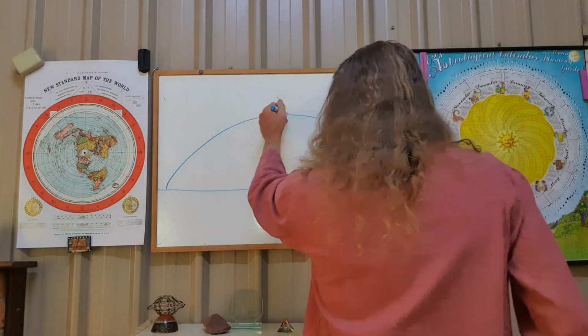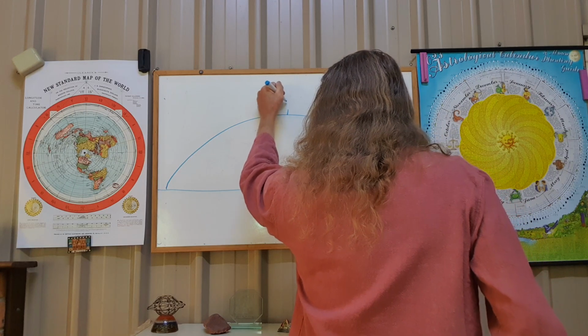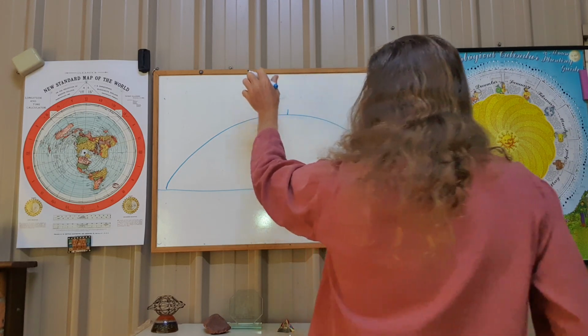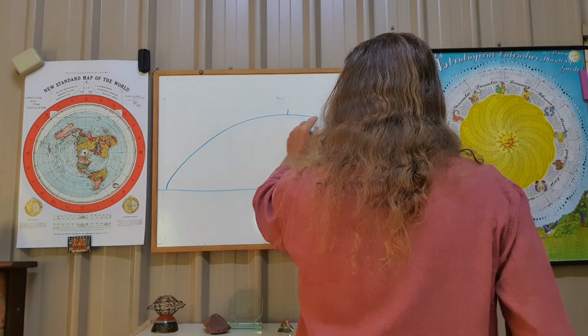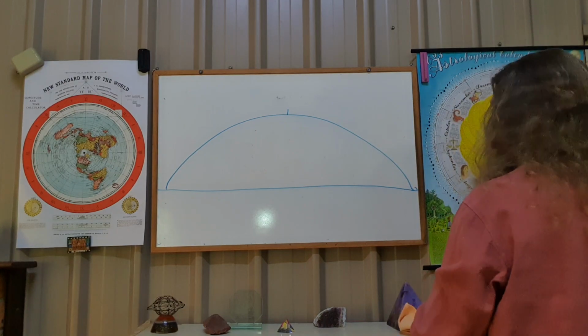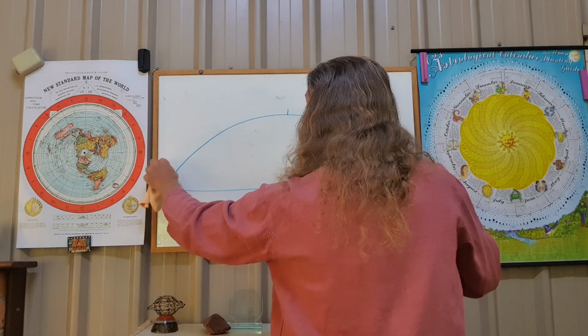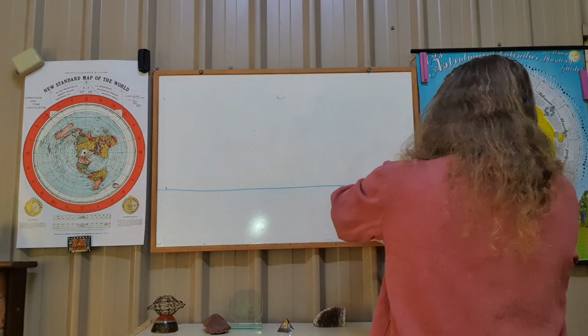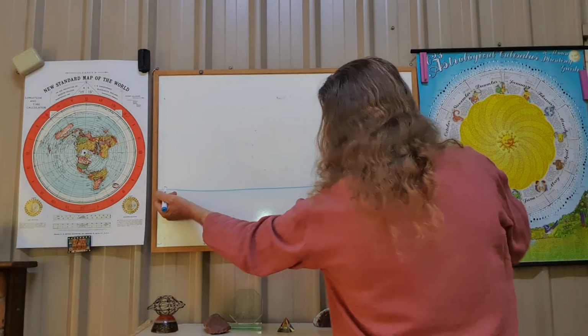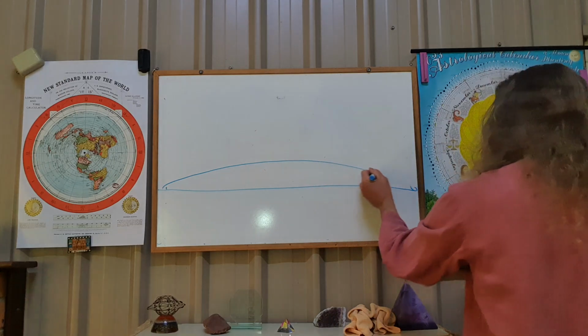So here we've got the North Pole. You can't really call it Cancer 1 because the sun is still out here. In fact, tell you what, let's make it a little bit more realistic looking. This will help. That's better.